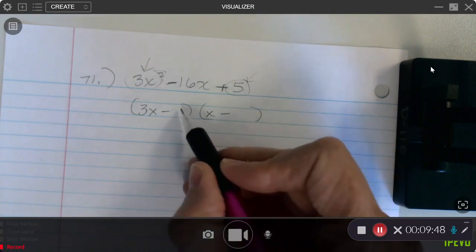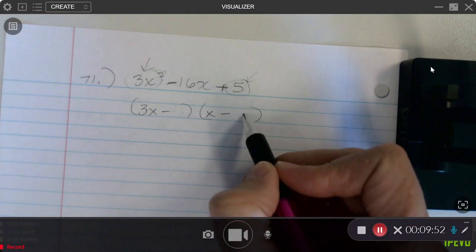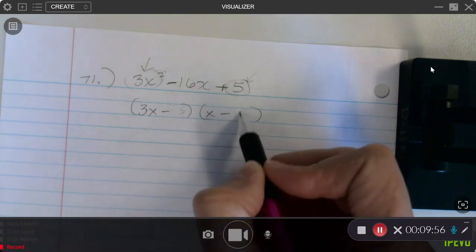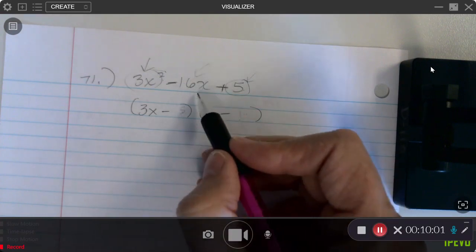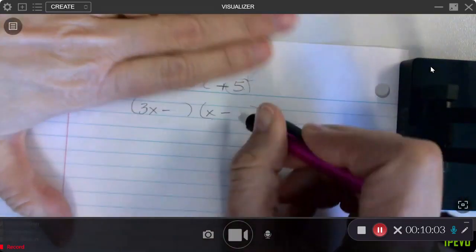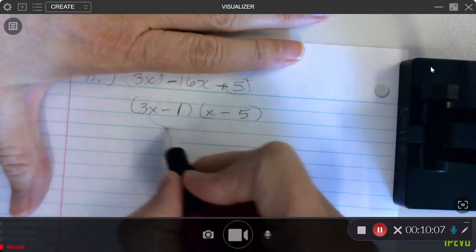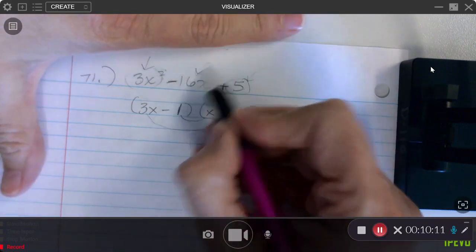Is it 1 here and 5 there, or 5 there and 1 there? Well, if I did 5 and 1, I'll get negative 3 minus 5, which is not 16. So let's put 1 there, 5 there, that would be negative 15, negative 1, found it.